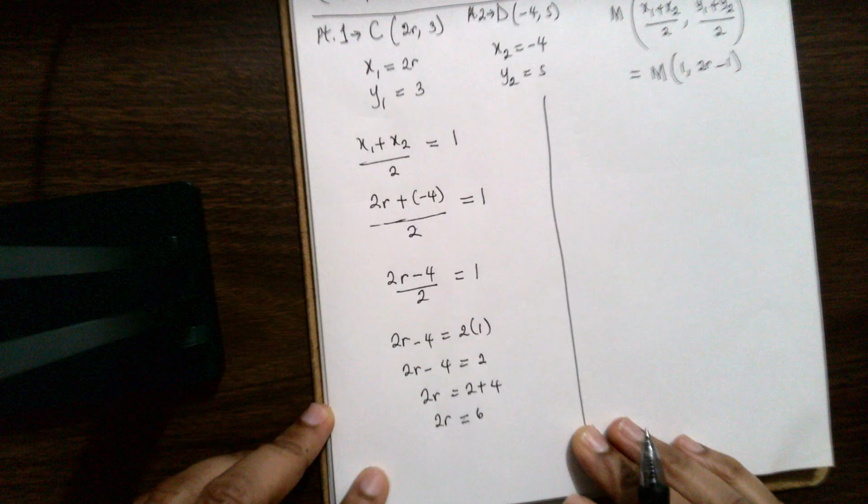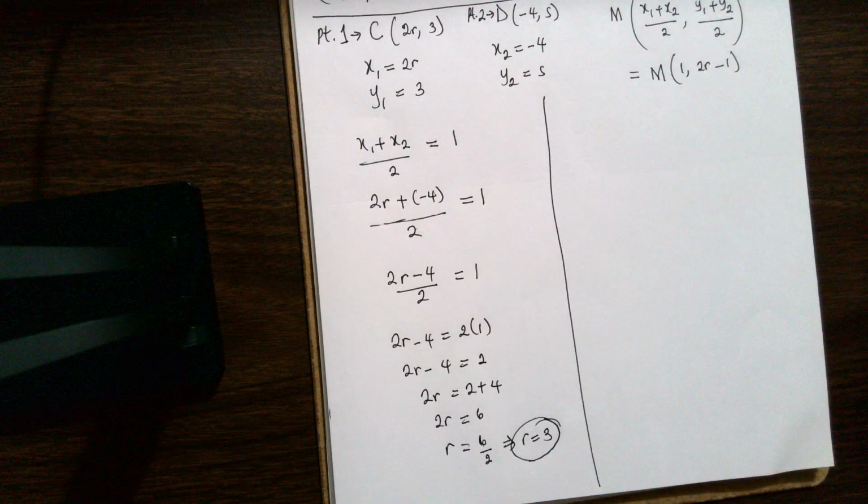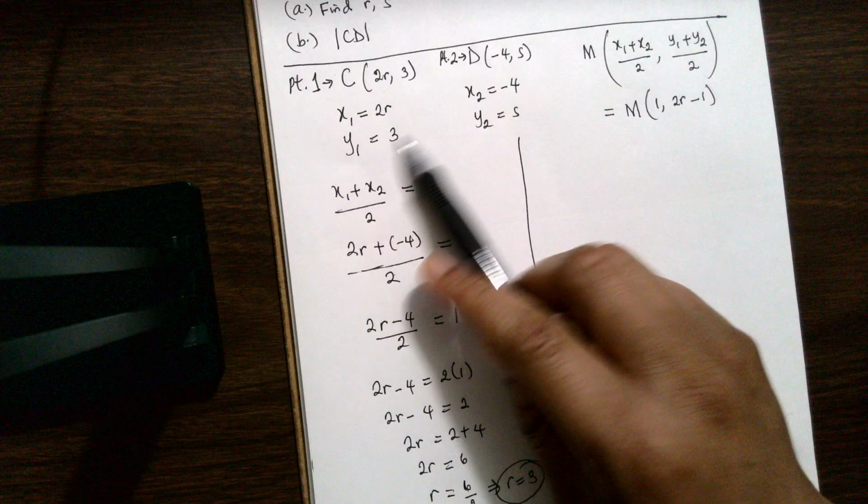Now we have found the value of r. We will now go ahead and find the value of s. To find the value of s, we are going to use the midpoint for the second coordinate, the y coordinate. So we notice that y1 plus y2 over 2 will give us 2r minus 1.